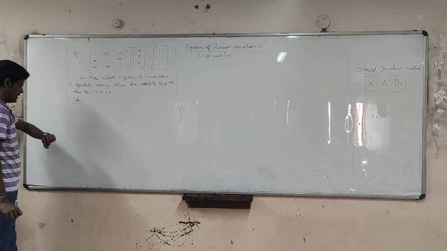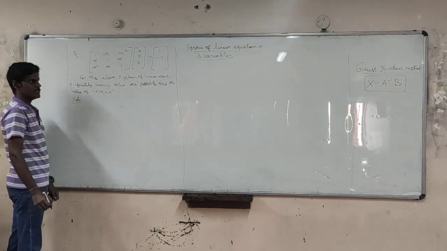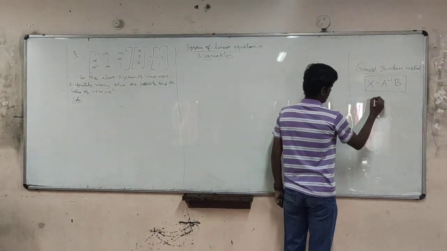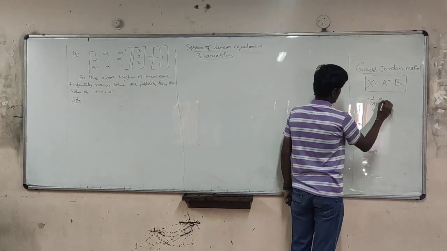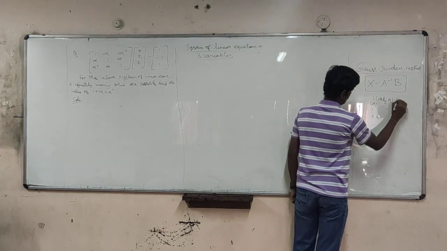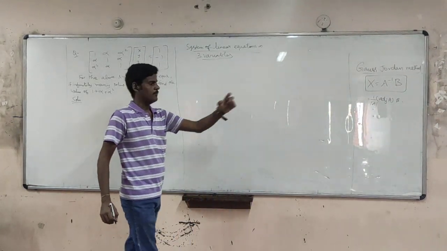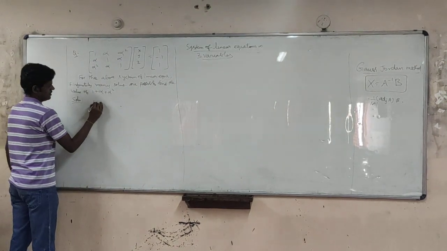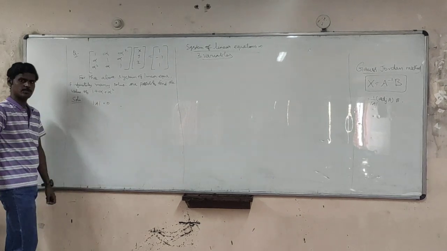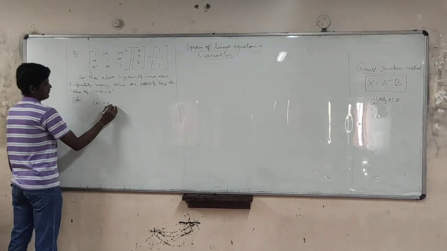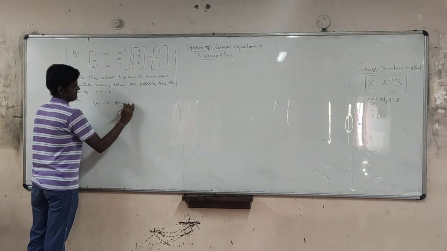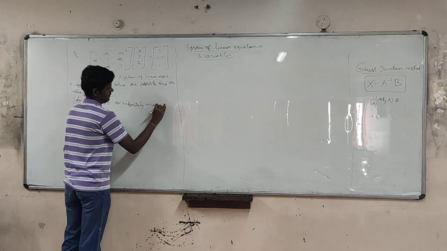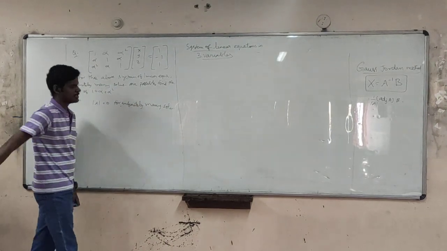So when infinitely many solutions are possible, that means obviously this is 1 by determinant A into adjoint A into B. That means when you have infinitely many solutions, then determinant A is 0. Determinant A equal to 0 for infinitely many solutions.